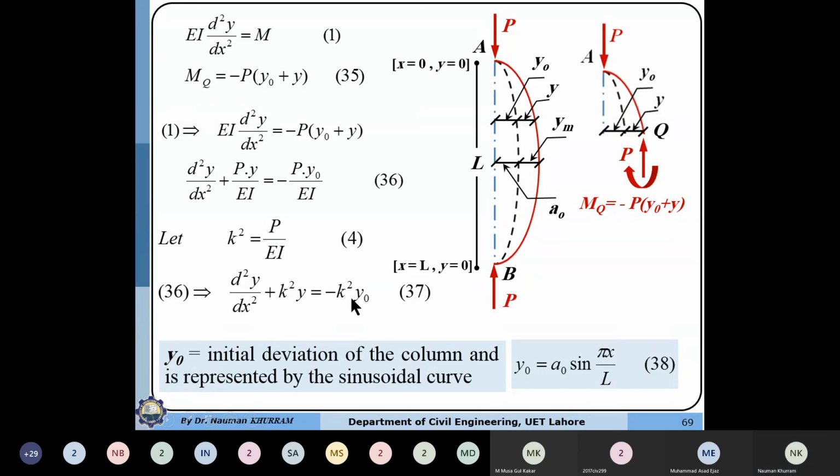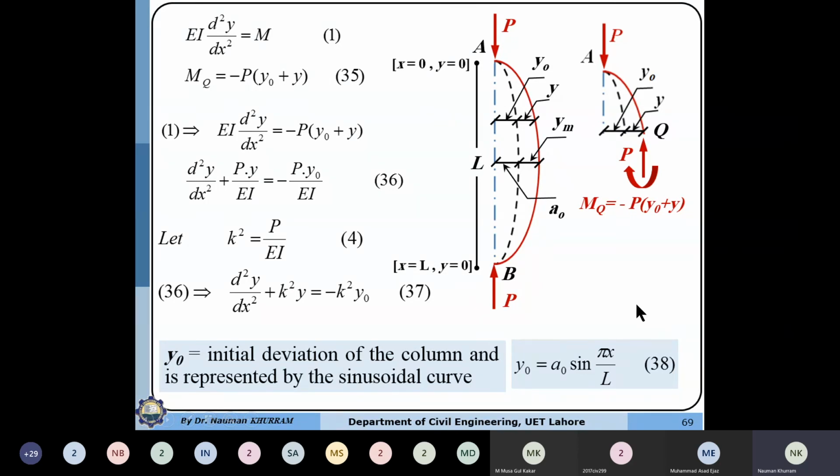In the Euler equation, this parameter was 0. In our eccentric column, this was equal to minus K square into e, which was a constant. But now this is also a variable, Y. So here I have to consider this Y, the component of the deflection due to the out of plane deformation. The end conditions can also be considered the same.